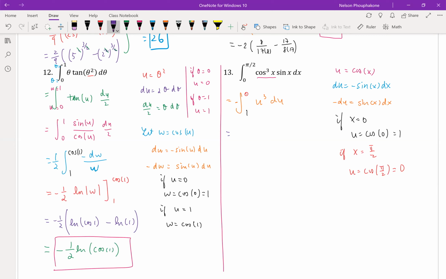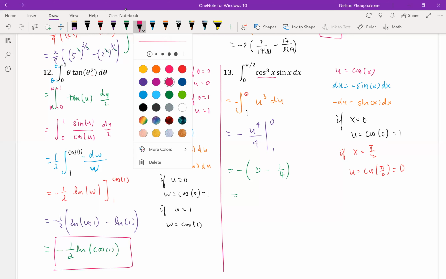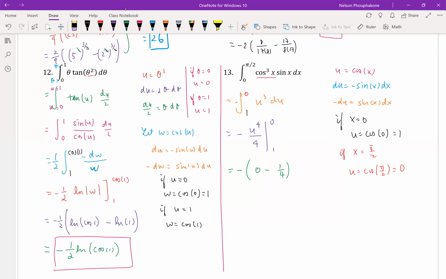And now I will have negative u to the power 4 over 4, between 1 and 0. So I will have negative 0 minus 1 over 4. So my answer will be 1 over 4.